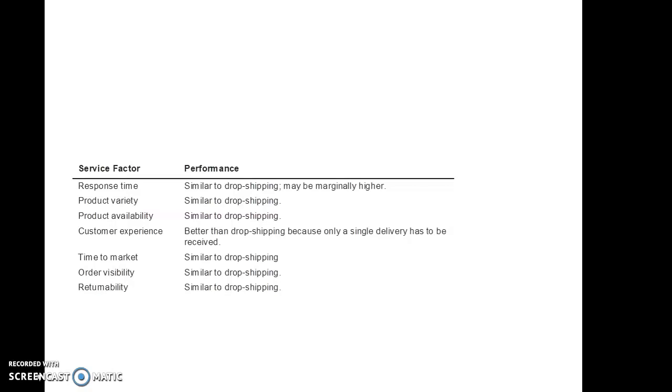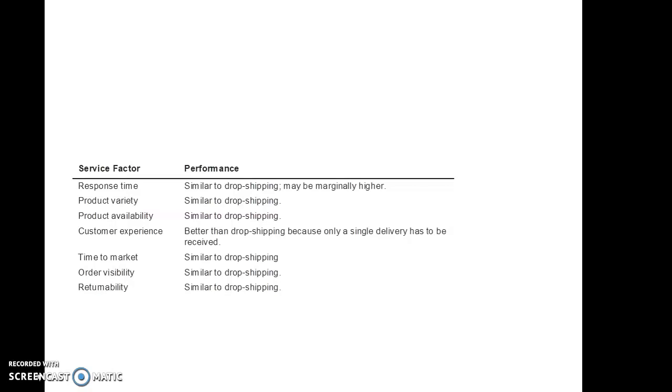Order visibility. The order visibility process is also similar to drop shipping because it is slightly difficult to maintain order visibility here also, but it should be maintained because that is an important factor from the perspective of the customer. Returnability.